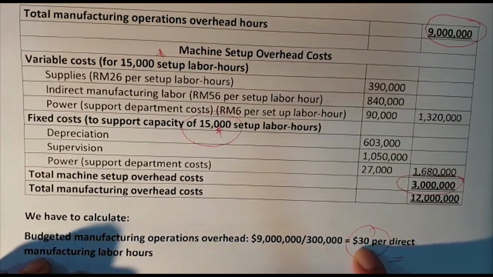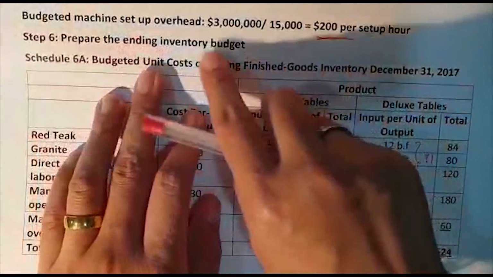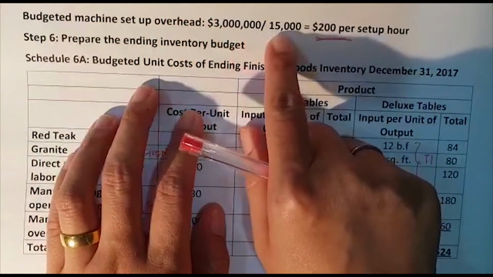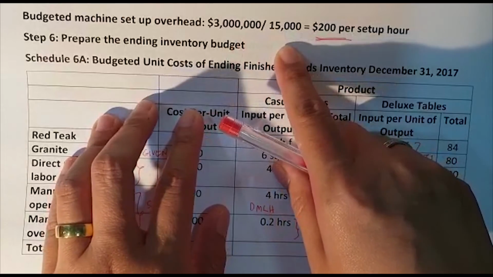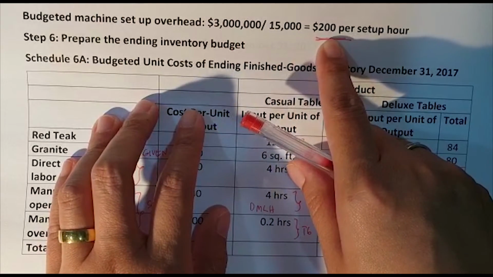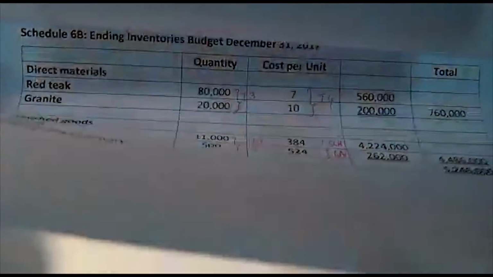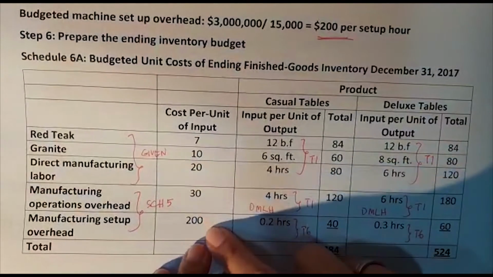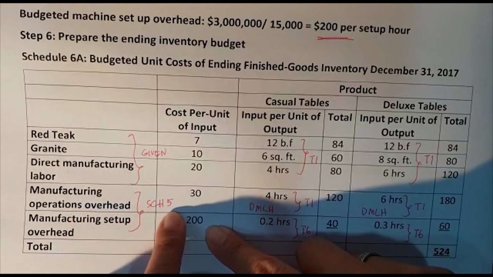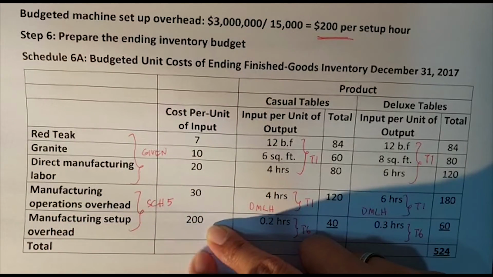So we get here 30 per direct manufacturing labor hour, as well as for budgeted machine setup overhead, that is 3 million divided by our 15,000 of the capacity, so we can get here 200 per setup hour. So that's why we use here 30 and 200 for both manufacturing operations overhead as well as manufacturing setup overhead.